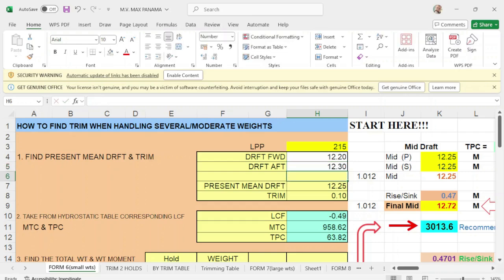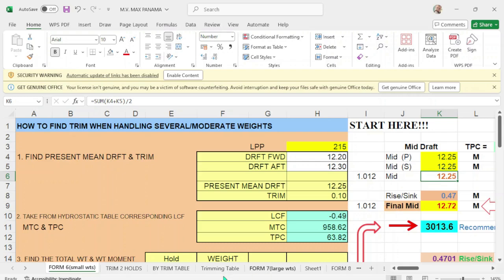Then your mean draft will be 12.25 and your trim is 10 centimeters. Assuming that you have no list, you are on even keel, so port will be the same, 12.25, and starboard will be 12.25. So there's no list.